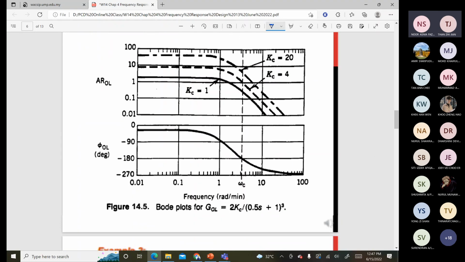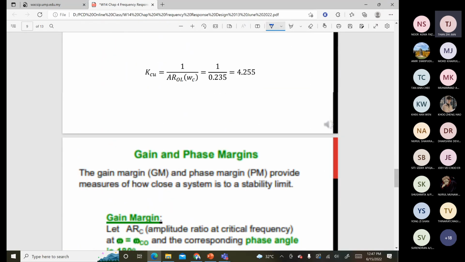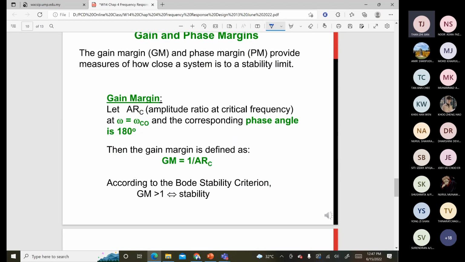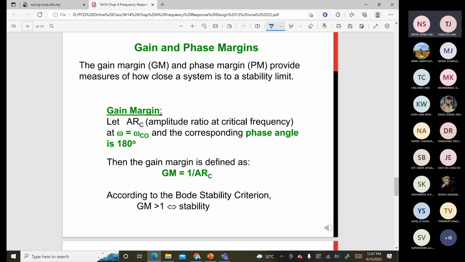And then the second requirement is the phase and gain margin. So here, to check whether our process is stable or not, we use what we call the gain margin and the phase margin. The gain margin uses the ARC, the same as the Bode stability criterion, where ωC, the critical frequency, occurs at negative 180.